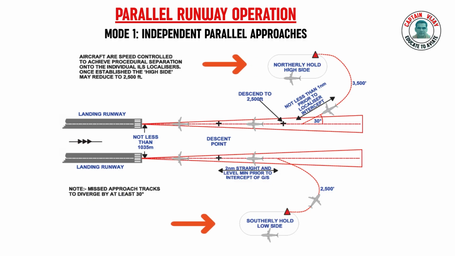Before vertical separation can be reduced below 1000 feet, both aircraft on the simultaneous parallel approach must be established on the ILS localizer centerline. The other limitations are minimum of 1 nautical mile leg on intercept course, intercept heading not more than 30 degrees away from runway heading, and 2 nautical miles straight and level leg on finals before intercepting glide slope.